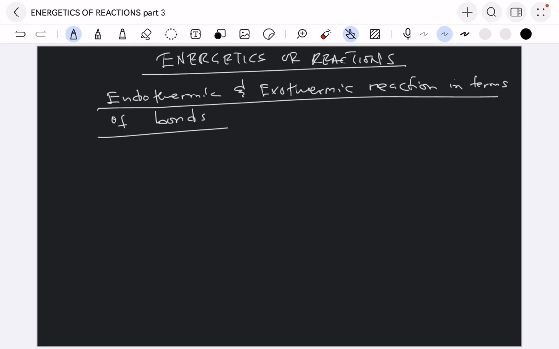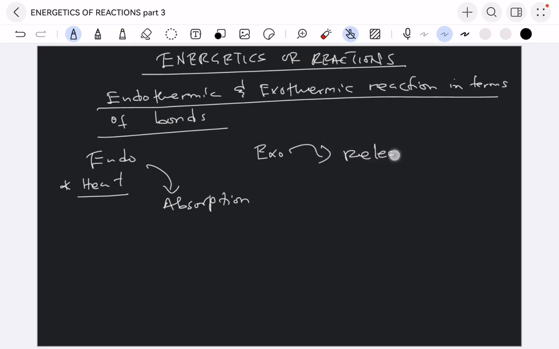So at first we defined endo and exothermic in terms of heat, and in terms of heat we said endothermic involves absorption of heat, and exothermic involves the release of heat, as we are aware that anything to do with thermal deals with heat.